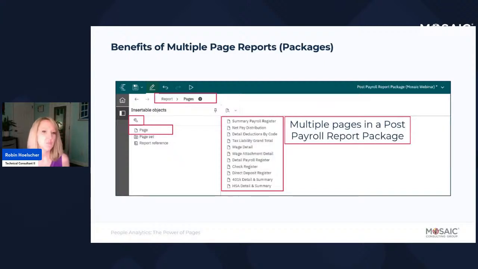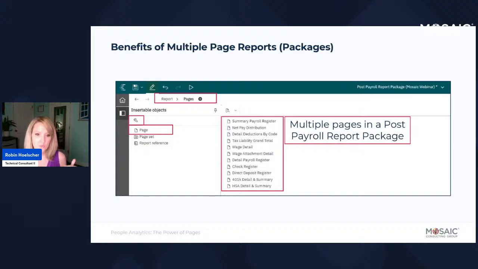And this is an example of a multi-page report, or as I'm going to call it, a package. And this is a post-payroll report package. And when you're working in business intelligence, people analytics, I'll use the names simultaneously, to add additional pages to your reports, you want to use that report navigation section at the very top that we see on the left where it says report and then pages.